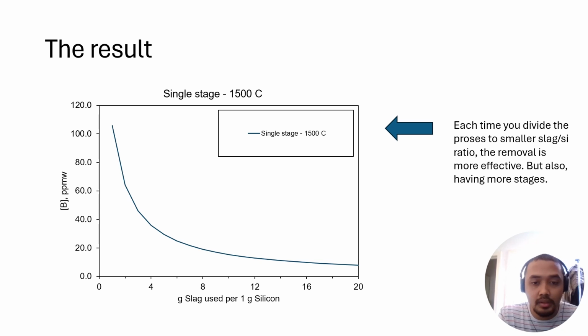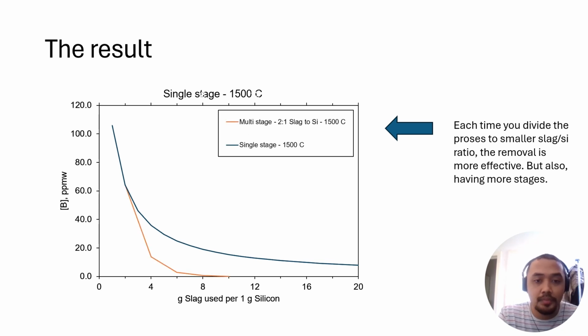However, if you change it to multi-stage operation, imagine this is a 2:1 slag to silicon ratio. Just in the third stage, I can already reach almost 0 ppm of boron left in the silicon.